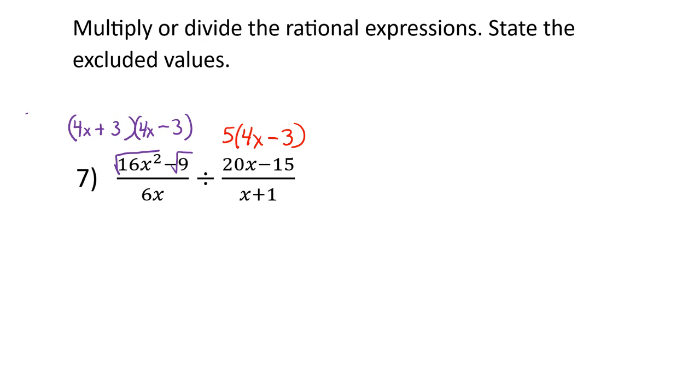Now this is division, so I do want to state my excluded values after I do my factoring. So I look to the 6x and I ask the question, what number times 6 would equal 0? 0. Then what number plus 1 would equal 0? Negative 1. Now I'm going to go ahead and do keep, change, flip.